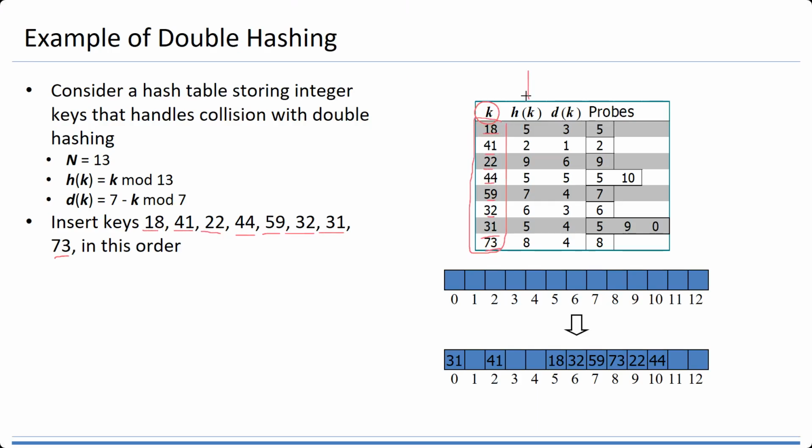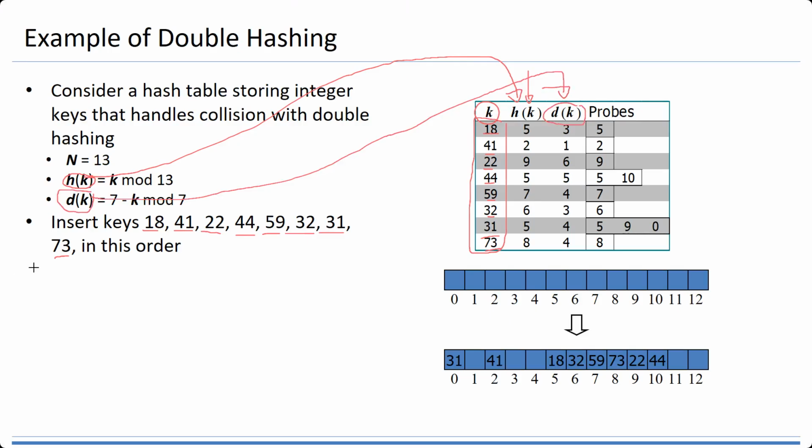We have h(k), the first hash function, and then d(k), the second hash function.